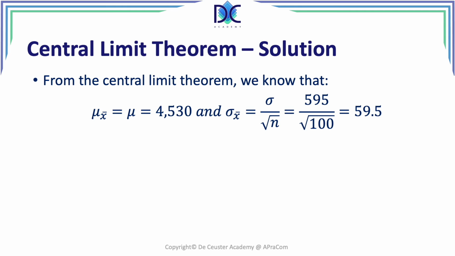First of all, from the central limit theorem, we know that the average of the distribution of the sample averages is equal to the population average, which is 4,530, and the standard deviation of the same distribution is the standard deviation of the population divided by the square root of the sample size. The sample size is 100, the standard deviation is 595, which gives us 59.5.